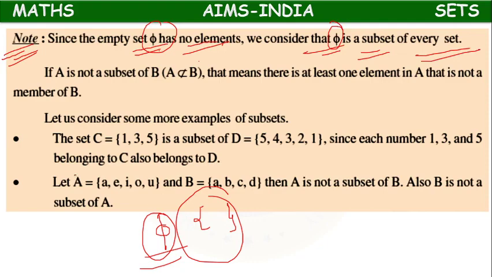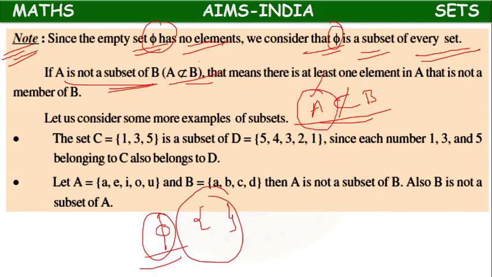Suppose A is not a subset of B, that can be written like this: A subset of B, but with a strike-off, meaning not a subset of. A is not a subset of B. When can we tell that?